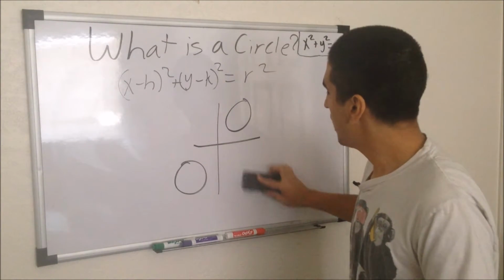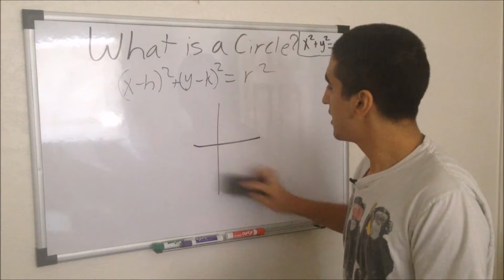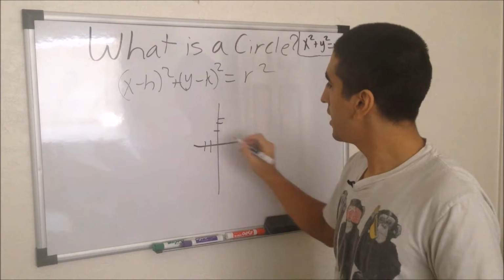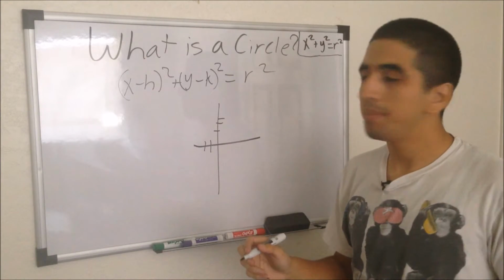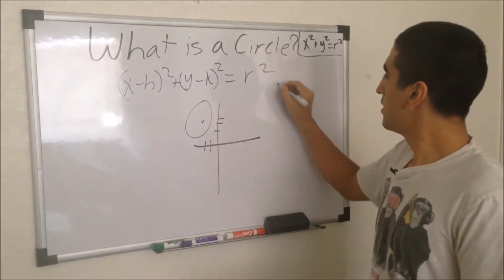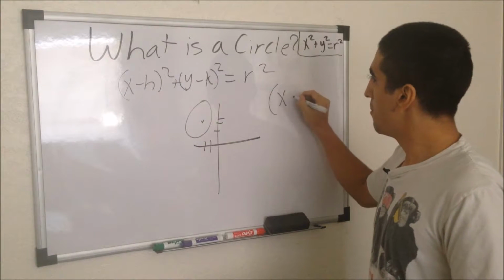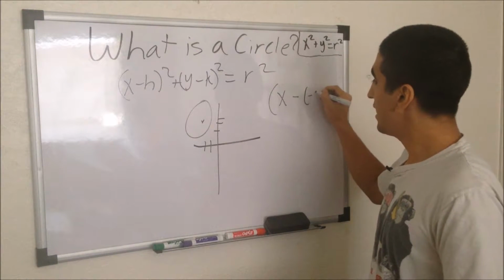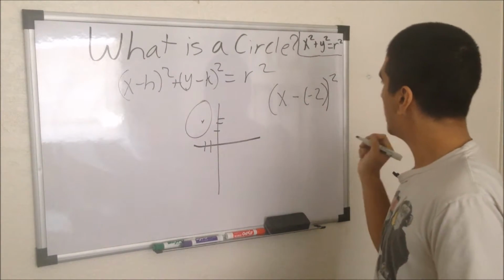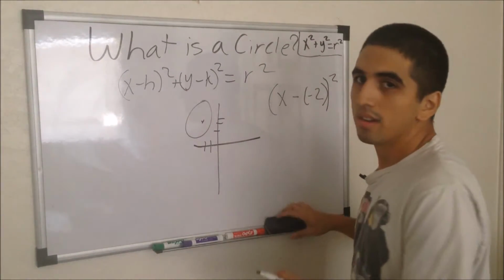So let's say we have a circle that is centered at -2, 3. What that would be for our equation would be (x minus -2), which is what our x is, squared.